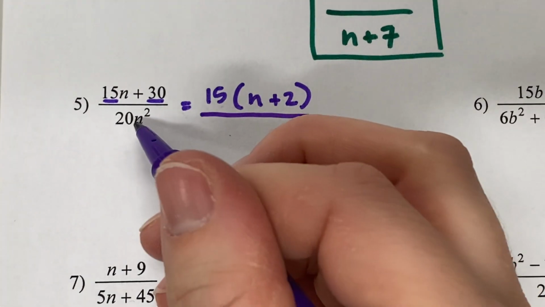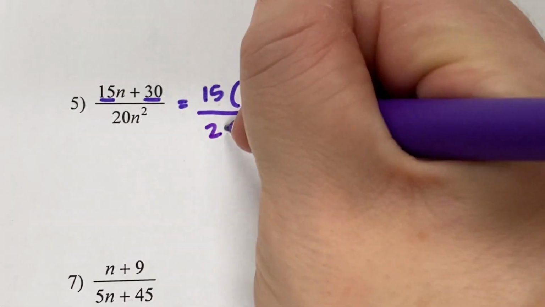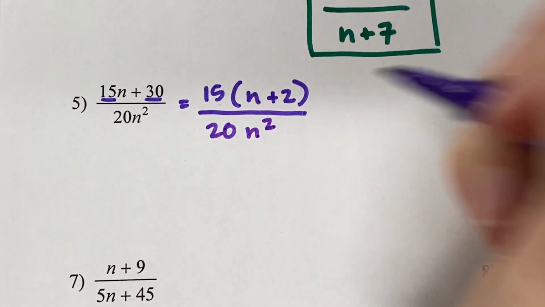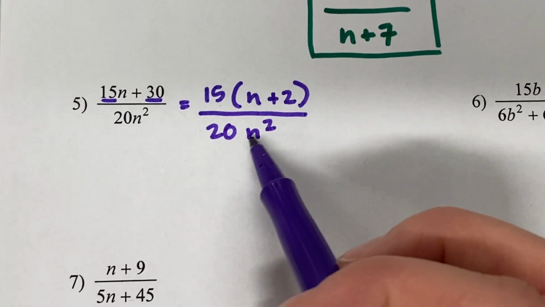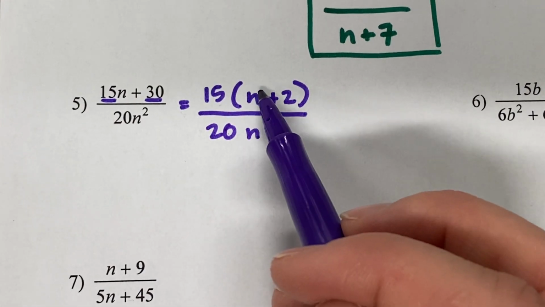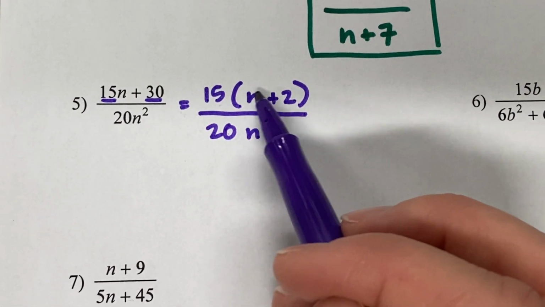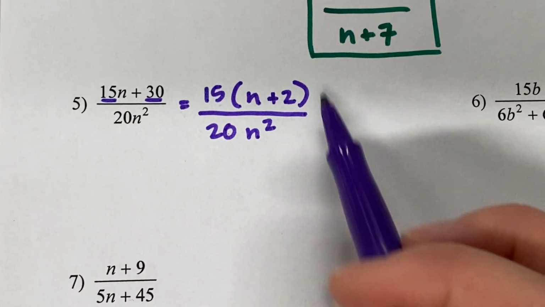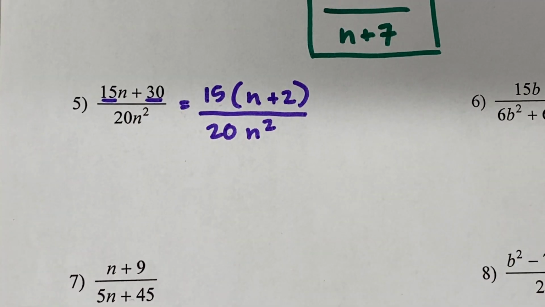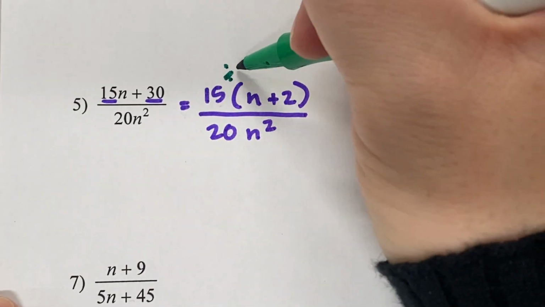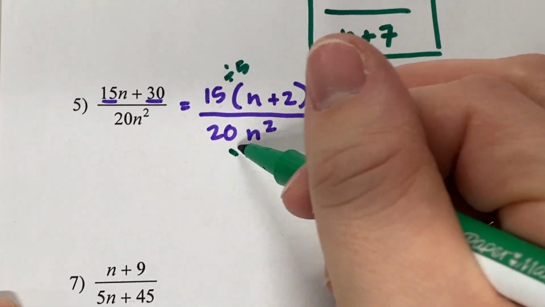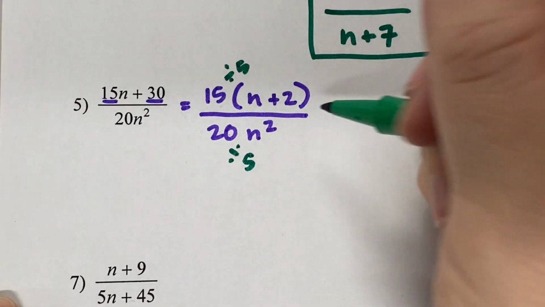Okay, then on bottom, I have 20 and n squared. Okay, so there's no n plus 2 and n's, right? I cannot cancel those n's because one's inside the parentheses, one's not. So you can't cancel anything there. The only thing I can reduce, think reduce fractions, I can divide 15 and 20 both by 5.